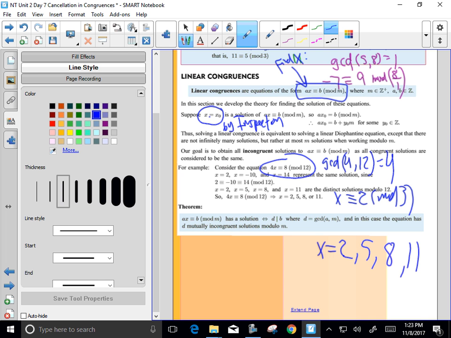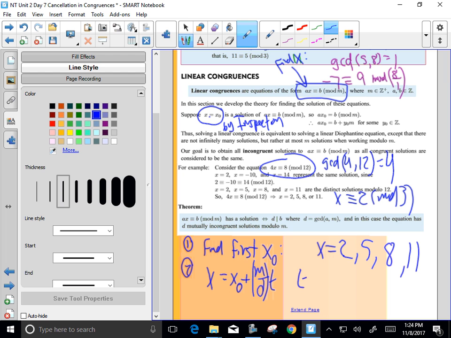Now, they go about it a little differently. What they do is they find x0 first. Then they set up x equal to x0 plus m over d times t, and you just get all of these multiples all the way up to the m.